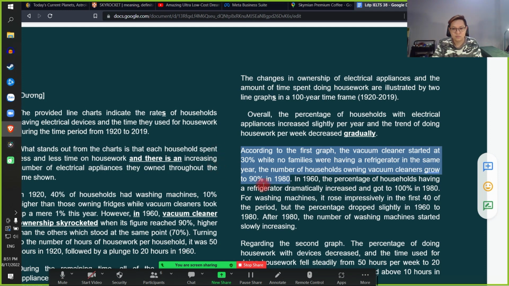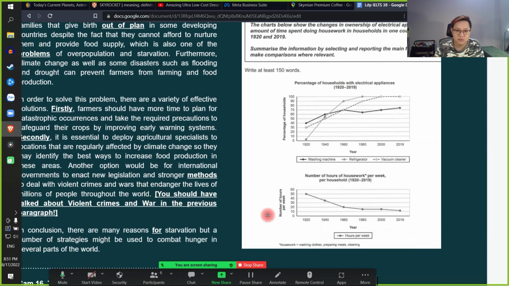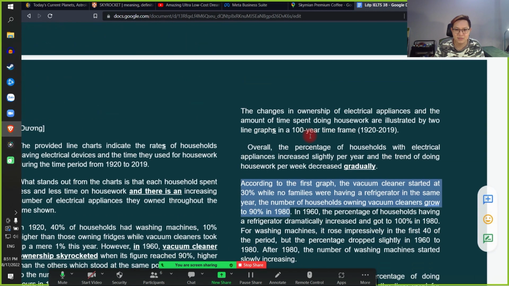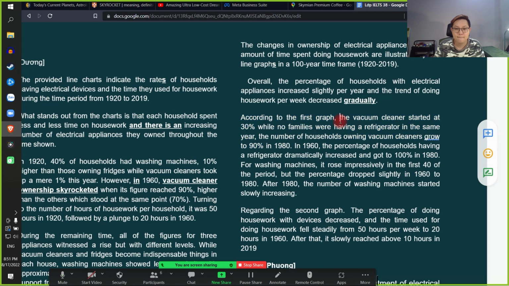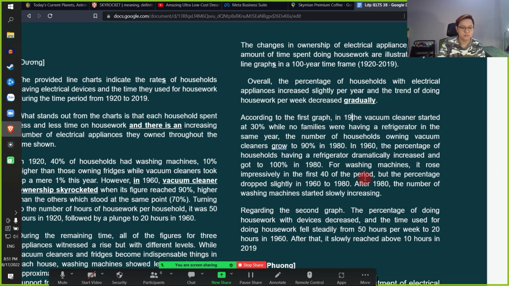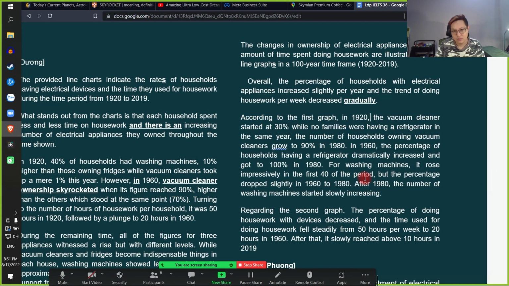Okay. 19, okay, vacuum cleaner 30%. Now it's 1920. Này em quên ghi số 1920 nè. This is vital. Cái này quan trọng lắm nha, tối quan trọng á.